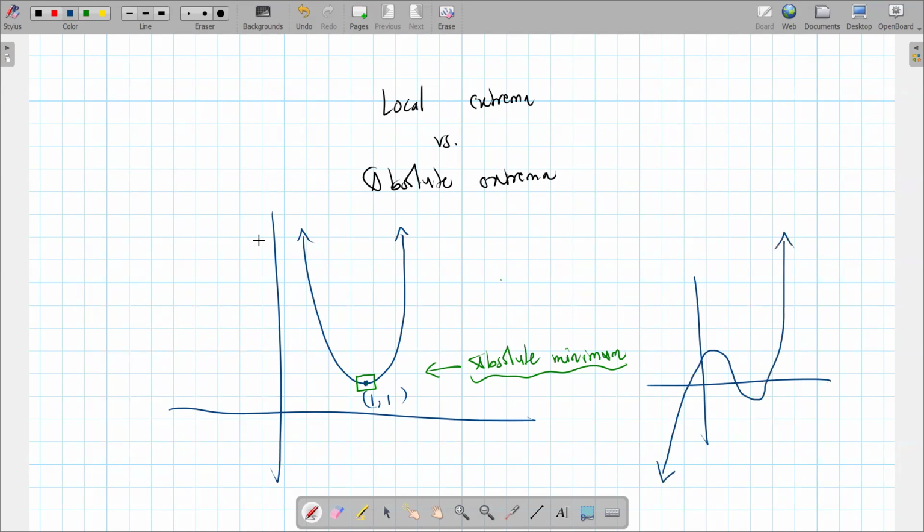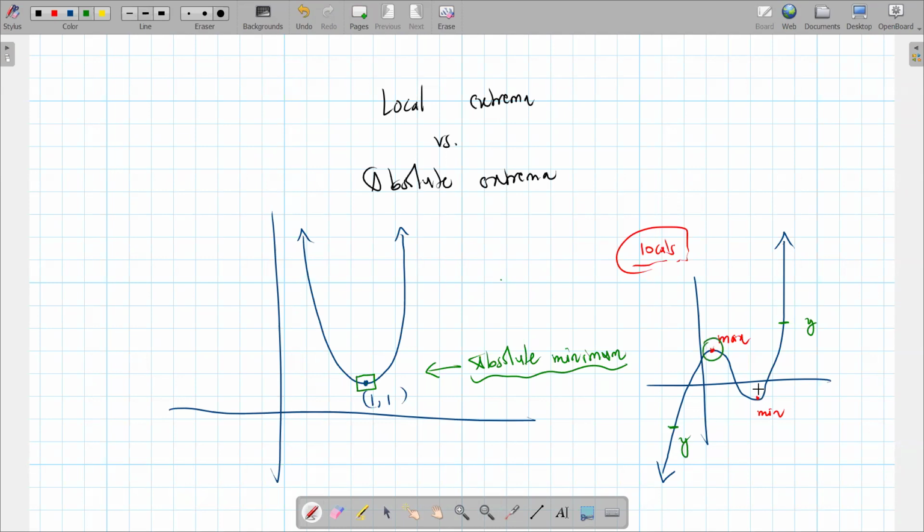Now compare this with something like this. We have a cubic function. We have a maximum here and a minimum here. Are these locals or absolutes? These are locals, because this y value here is higher than the max, and this y value down here is lower than the min.